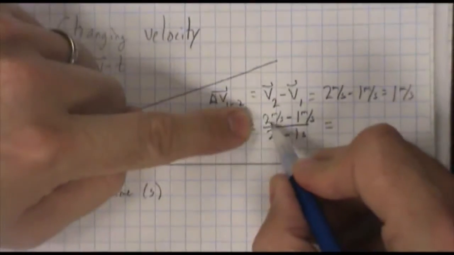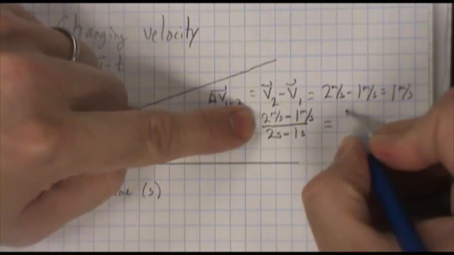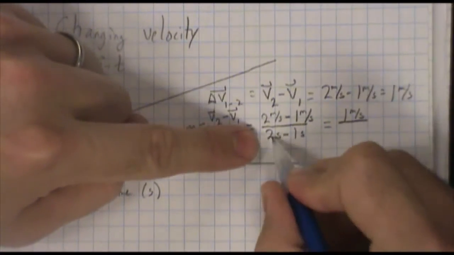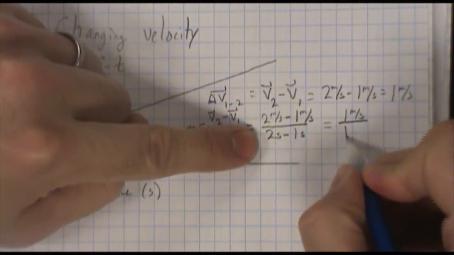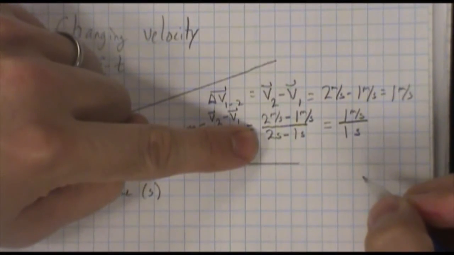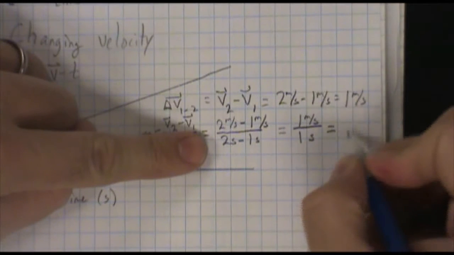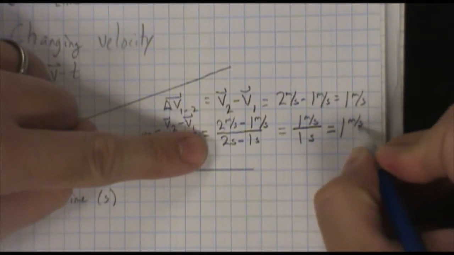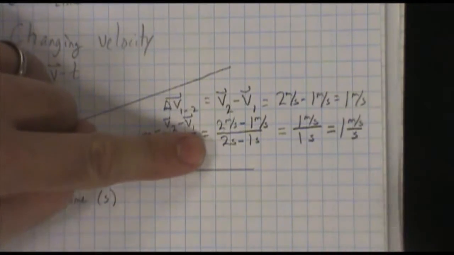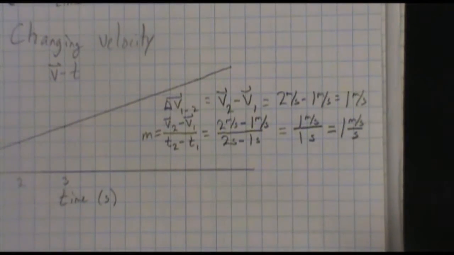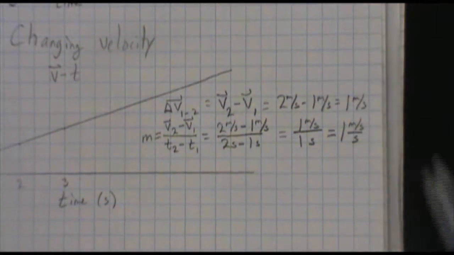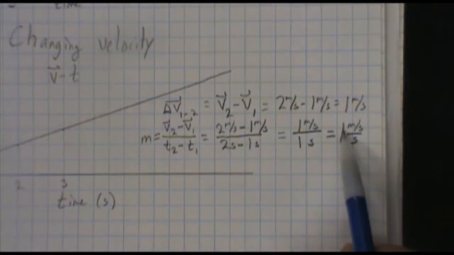Simplifying this down, 2 meters per second minus 1 meter per second is 1 meter per second. 2 seconds minus 1 second is 1 second. Simplifying that a little farther, we find that the slope of our line is 1 meter per second per second. That's a little weird. It sounds like you got an echo or a stutter or something going on there. But this is actually very meaningful.